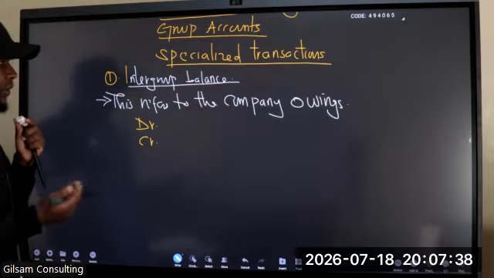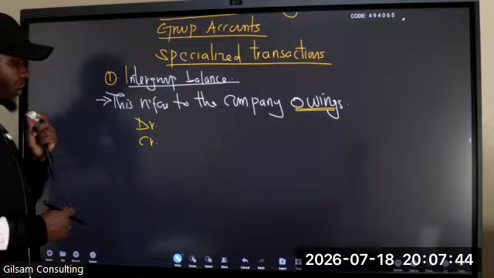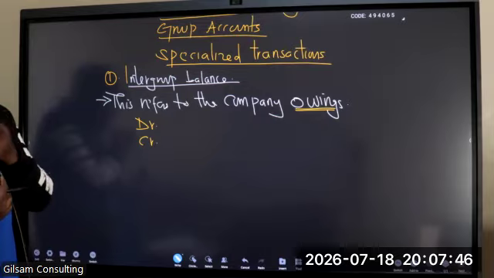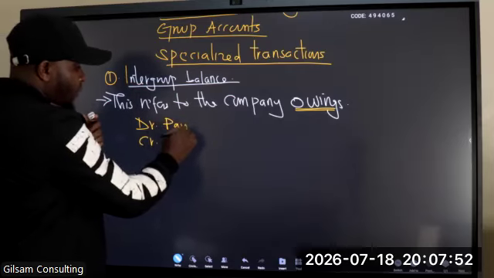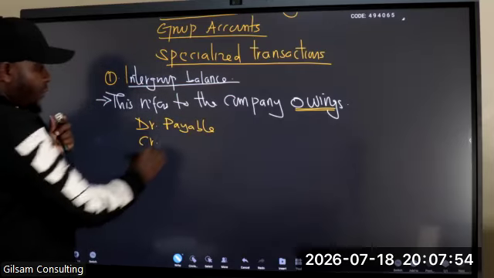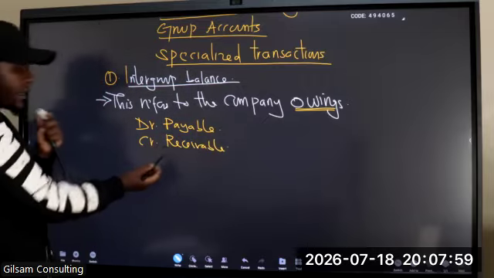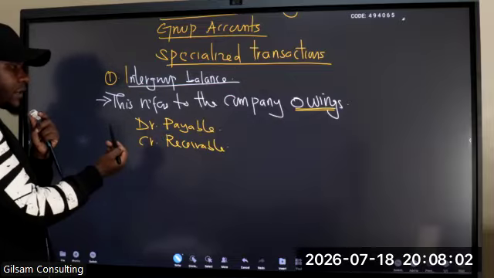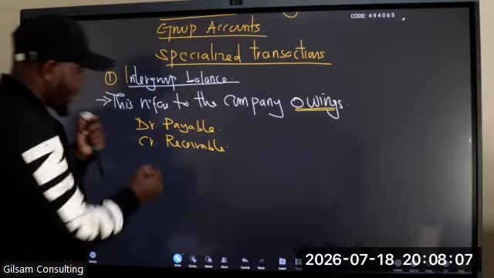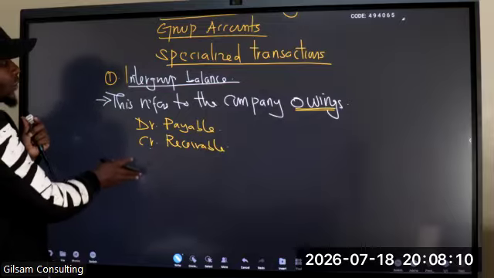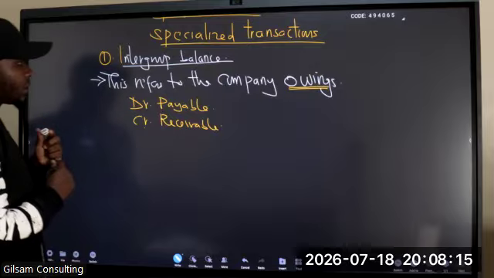Remember, owing, we are talking of receivable and payable. So we debit the payable to remove it, and then we credit receivable. Receivable is an asset and payable is a liability. If you debit a liability, it means you are reducing the value of the liability, the same with assets. So that's what you need to know for intercompany balances.